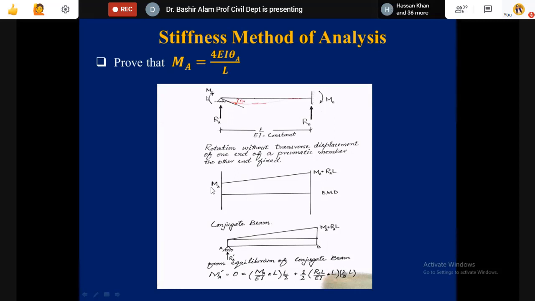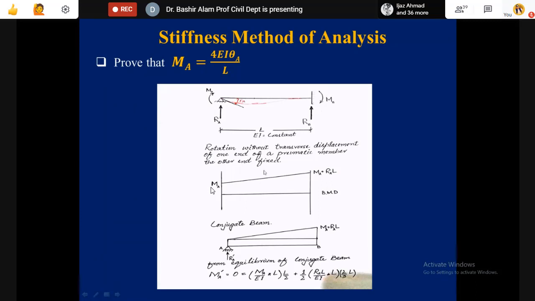So MA is the support reaction here, the moment at support A. What will be the moment here at B? It will be MA plus RA times L. So the moment at B, MB, will be equal to MA plus RA times L. So that is drawn here.